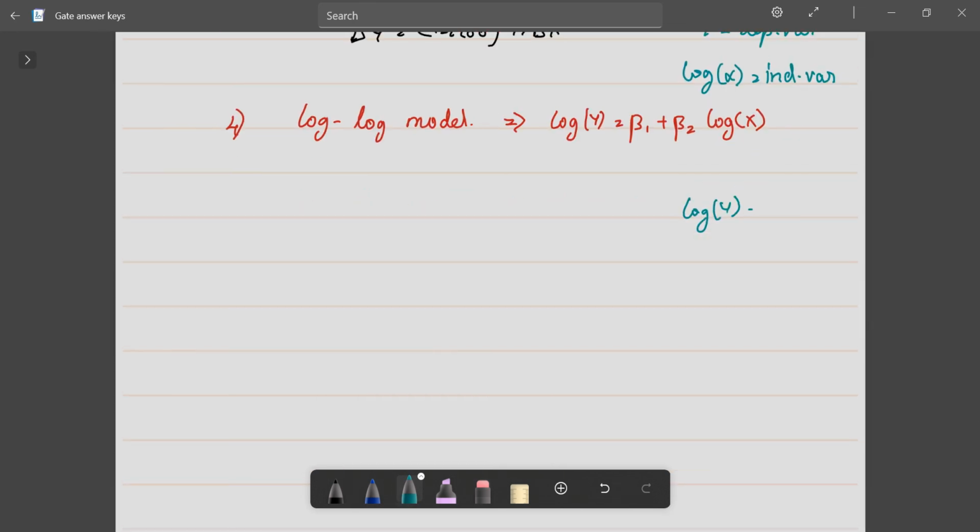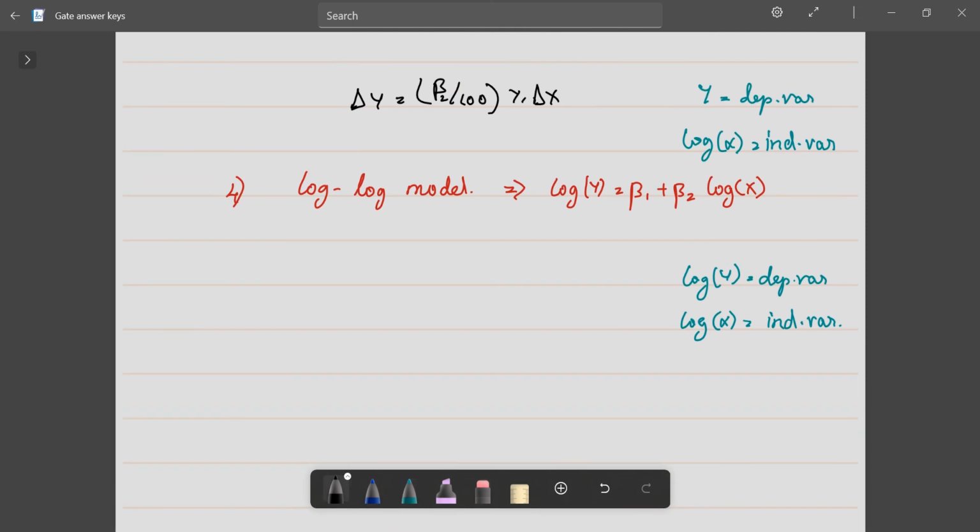Log y is the dependent variable and log x is the independent variable. Here how the change is measured is percentage change in y is equal to beta 2 times percentage change in x. That means 1% change in x leads to beta 2% change in y.